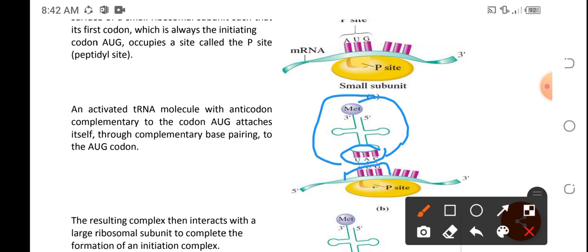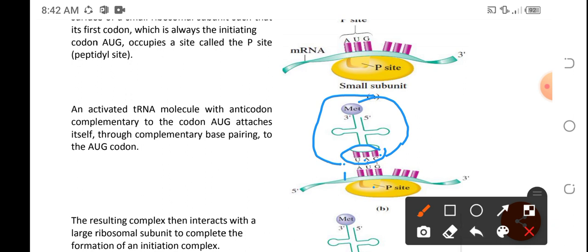So since there was AUG, the anticodon UAC will be attracted because it is the base pair of AUG. There is no T here because we are talking about RNA. T, or thymine, is only for DNA.